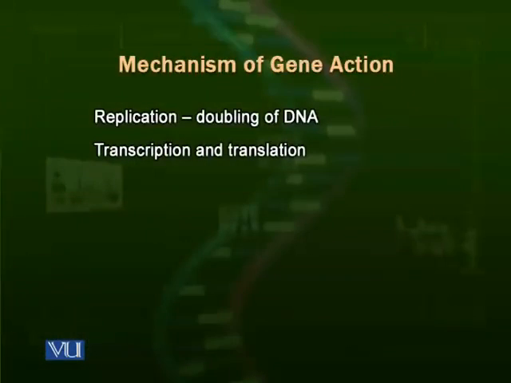The other function is transferring the information, or encoding the information present in them, in the form of proteins. And the DNA performs this function by two processes, going one by one. One is called transcription. Transcription is actually making an RNA molecule out of a DNA molecule.